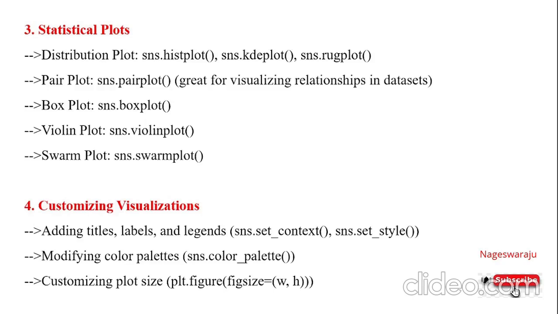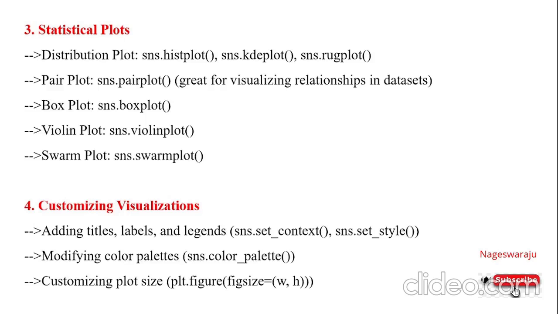statistical plots. Already I told you Seaborn works depending on statistical plots. Okay. Here, first one is the distribution plot. What does distribution plot mean? We need to distribute the data in different ways.